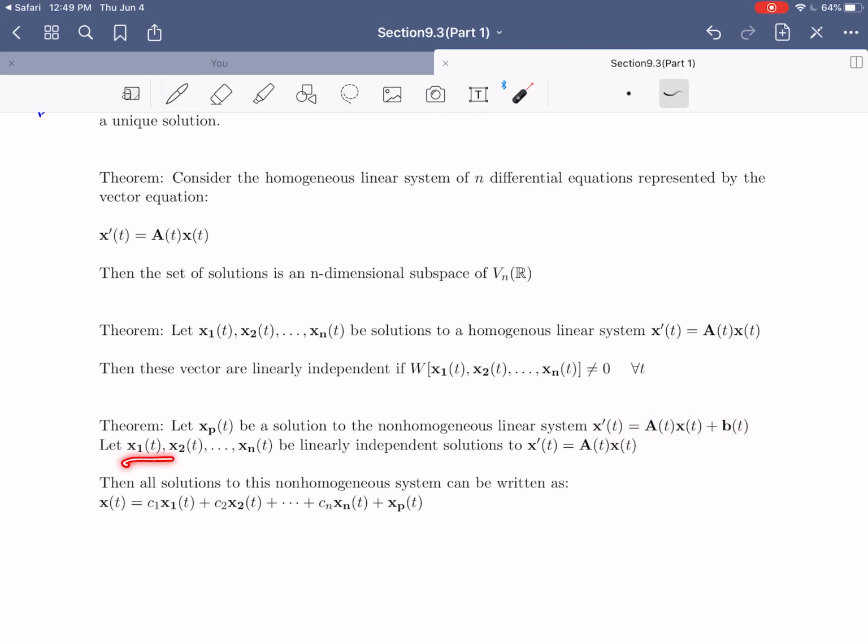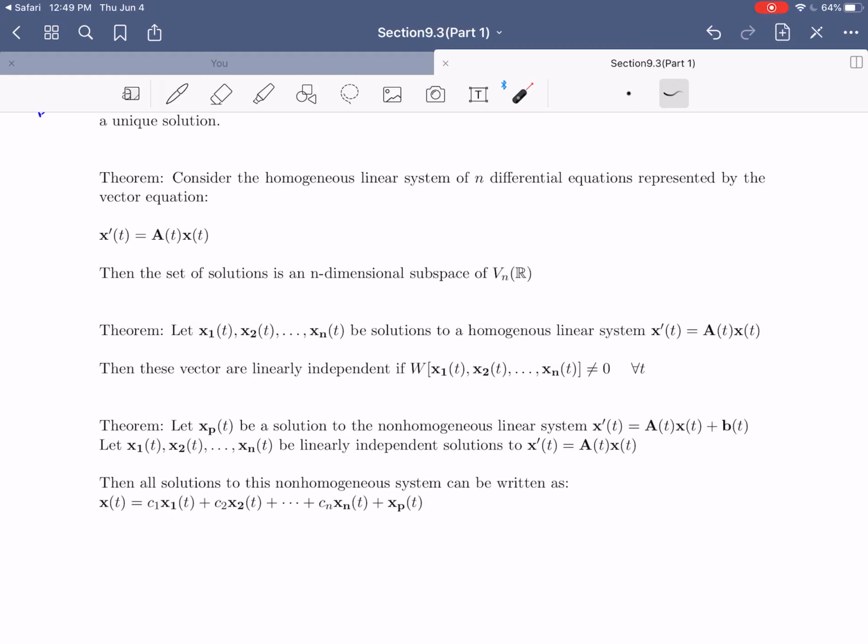and then if you let x1 through xn of t be linearly independent solutions to the corresponding homogeneous system, notice that this is the homogeneous one because we've deleted that b of t, then all the solutions to the non-homogeneous system can be written as a linear combination of the solutions to the homogeneous plus that particular solution. This, even though we're not going to prove it, should be very believable because we had this exact same theorem when we were talking about higher order linear differential equations.